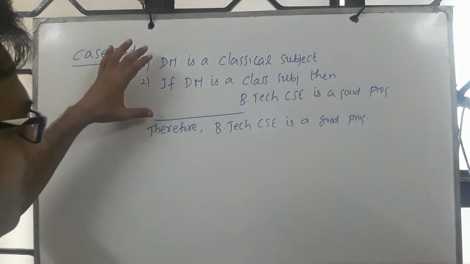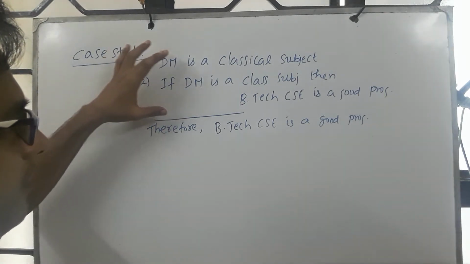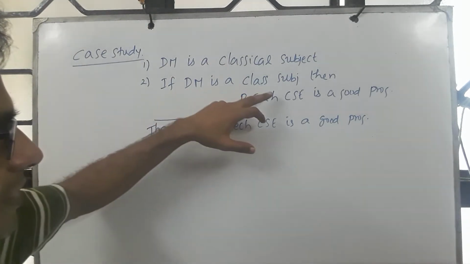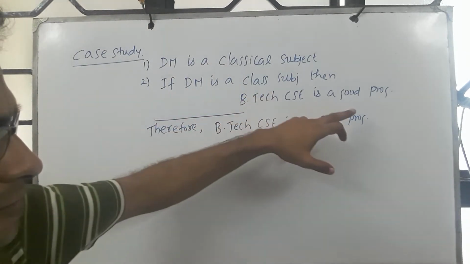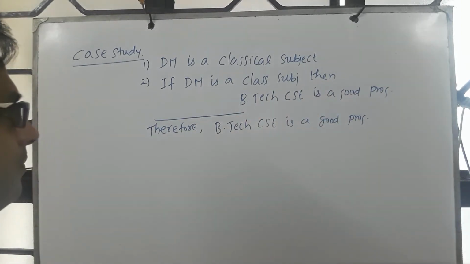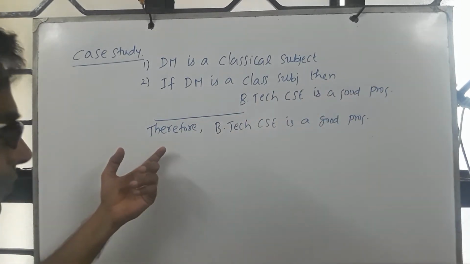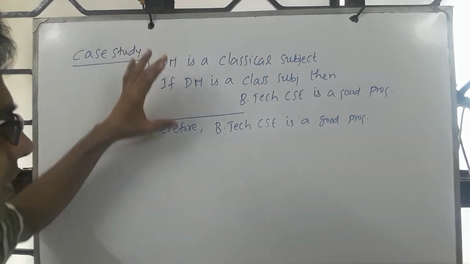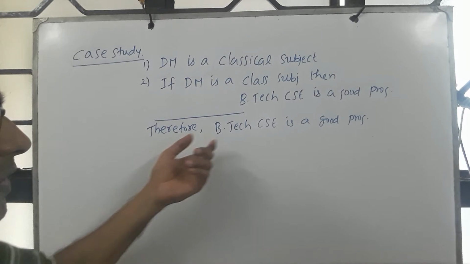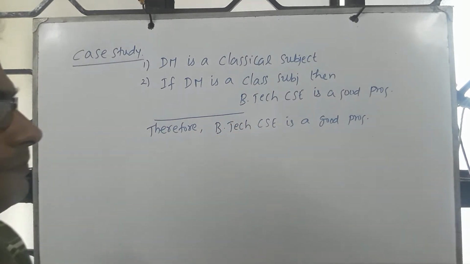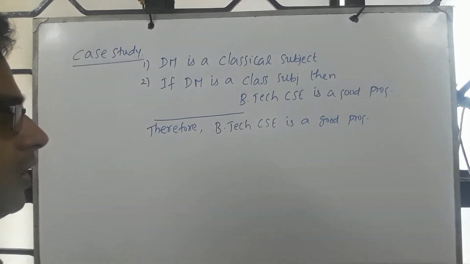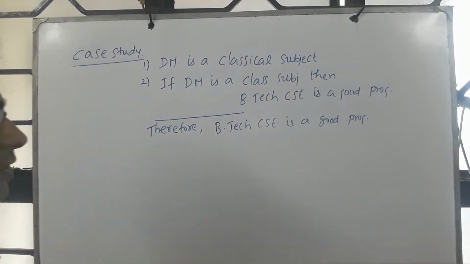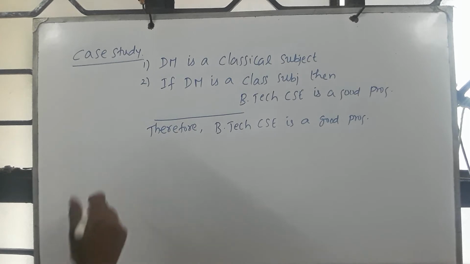So he is making two statements. DM is a classical subject. Then he says if DM is a classical subject, then BTech CSE is a good program to study. Therefore, he concludes, given this premise, therefore, BTech CSE is a good program. Okay. Now, we want to know whether his argument is valid.